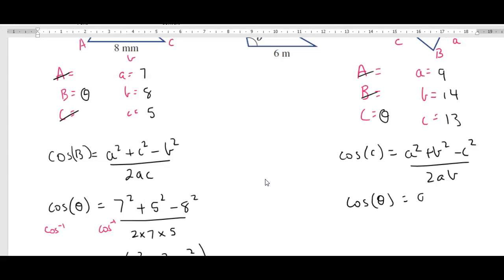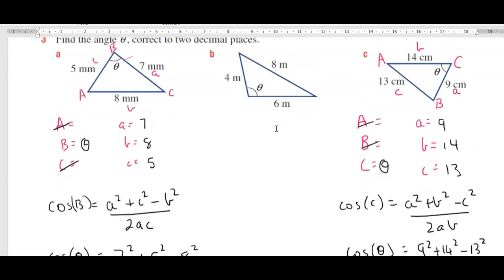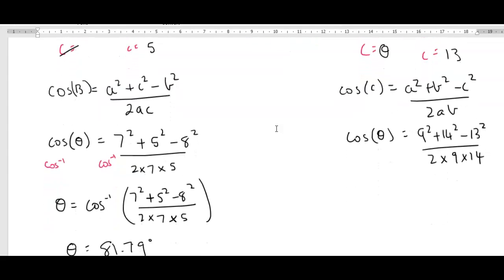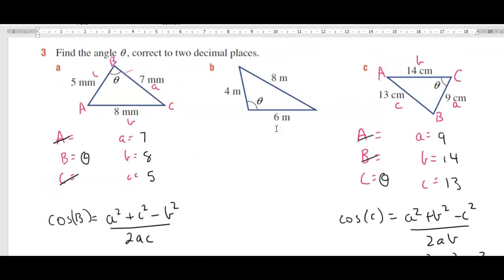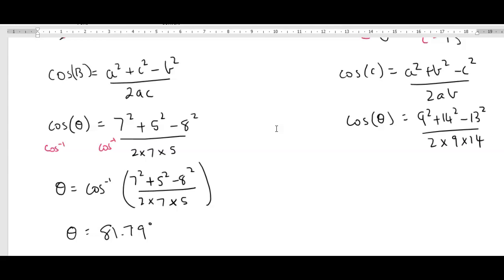A is 9, b is 14, and c is 13. And then 2 times 9 times 14. And I just want to check that I've got those numbers correct. Cool. Okay, and so to get theta, inverse cos.